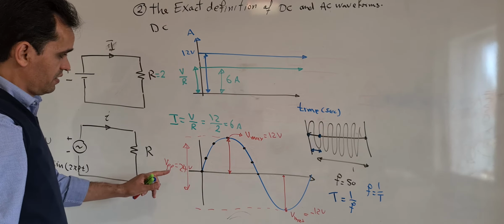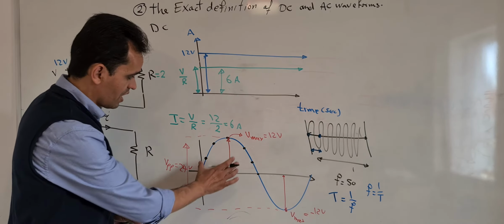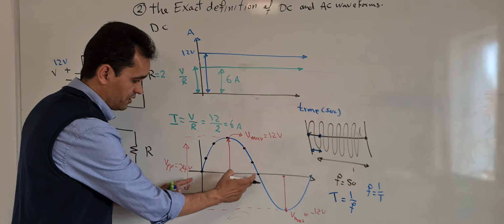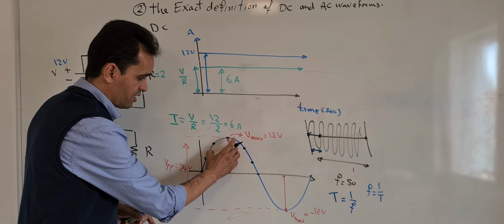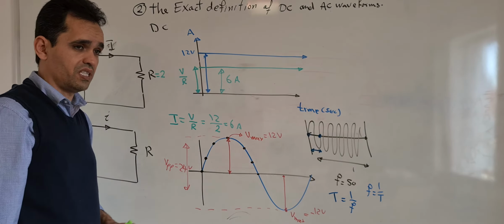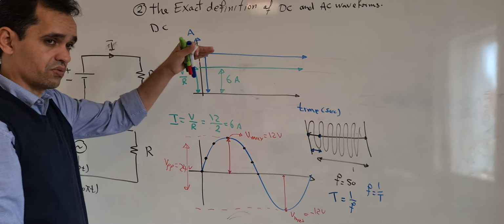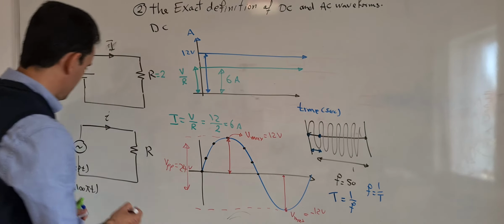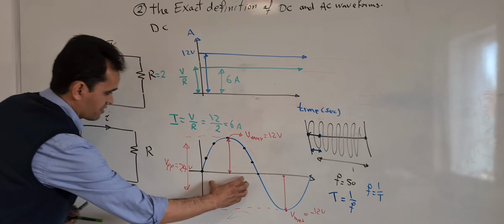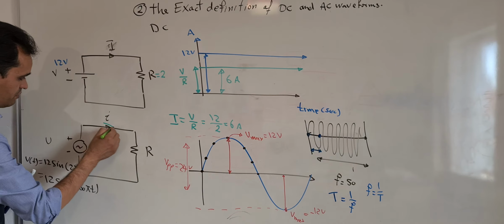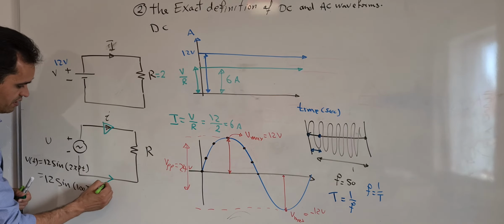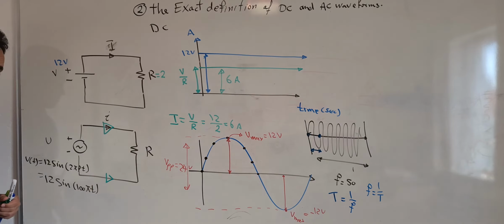So now we can see this signal at a certain period has positive values, and in another period it has negative values. So what does that mean? It has two directions. So in our circuit here, in the first cycle the current will take that direction, and in the second cycle the current will take that direction.